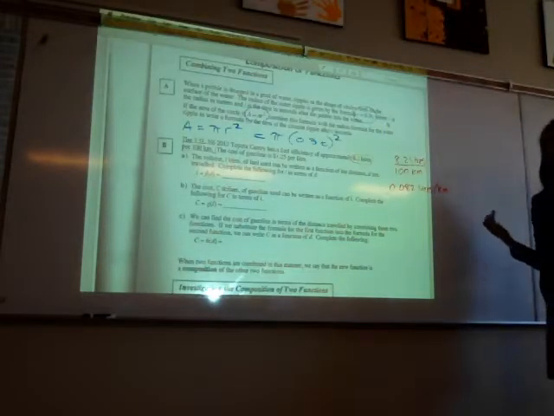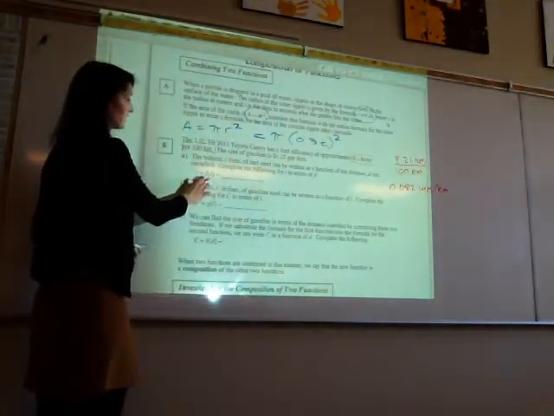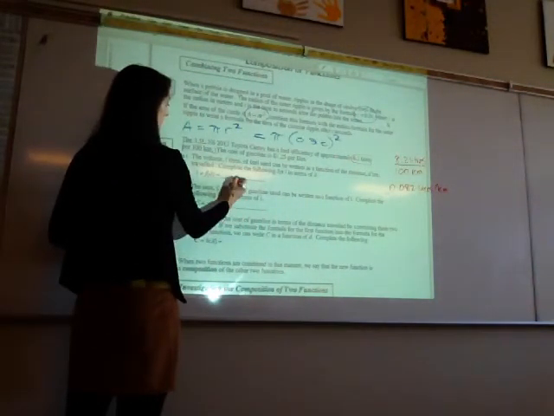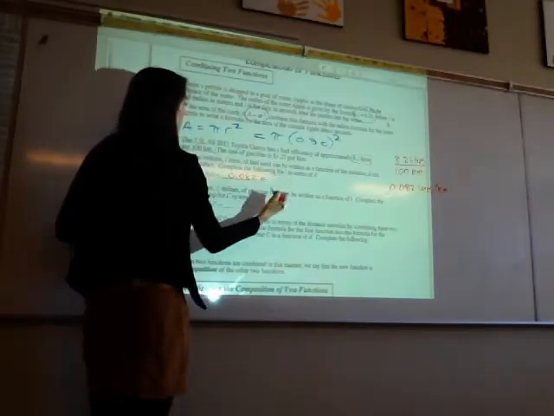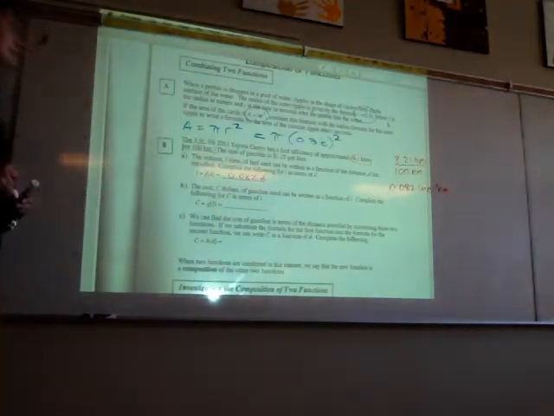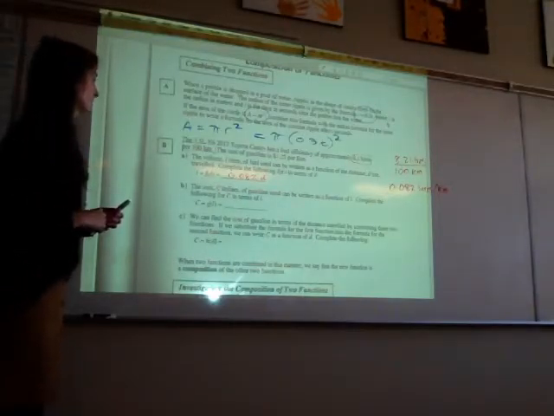So if we're talking about just distance, we look at the function for liters, the volume. It's going to be 0.082, and that's going to multiply d, which is distance. So this is the fuel efficiency, or sorry, the volume.